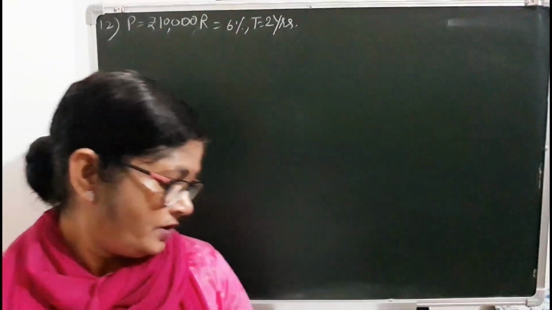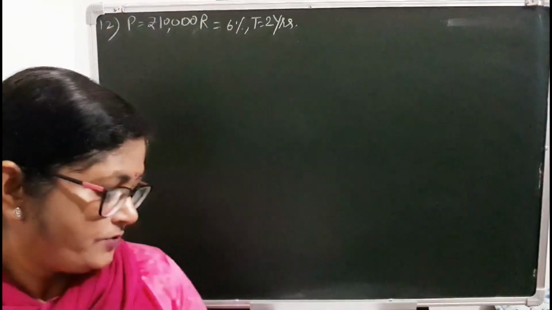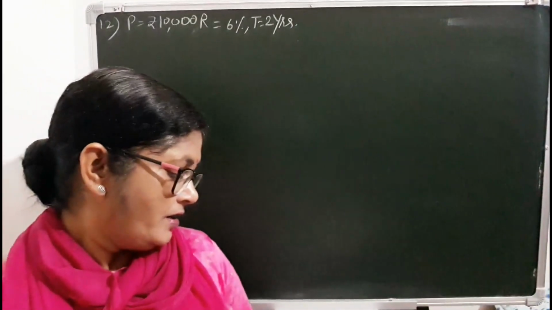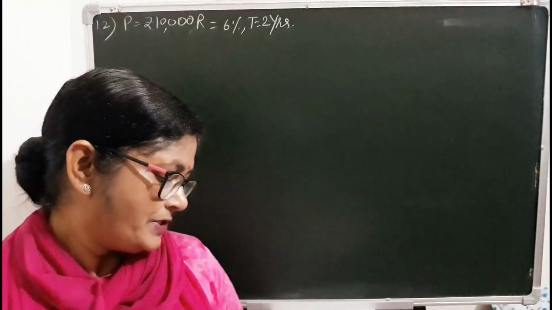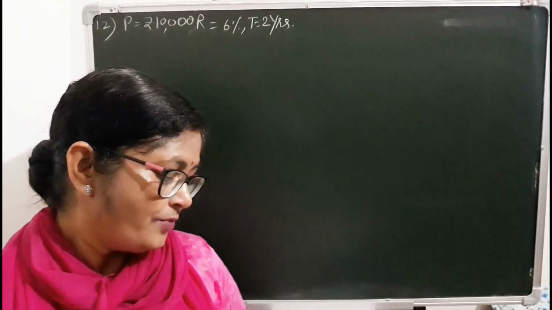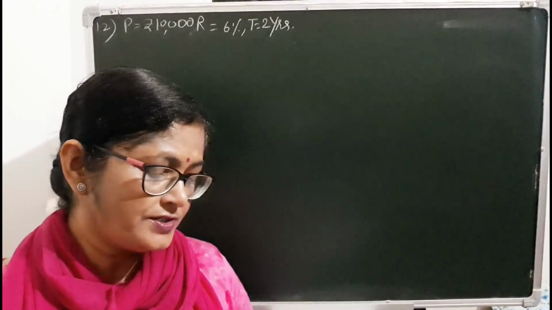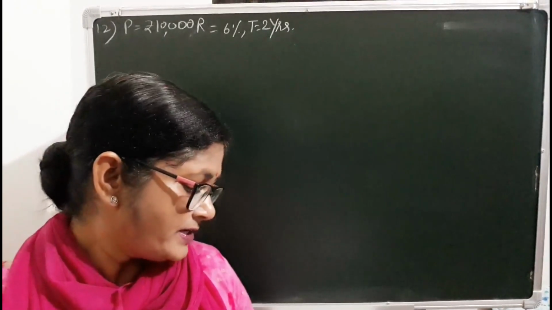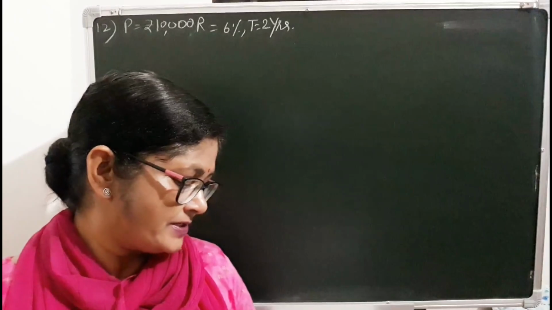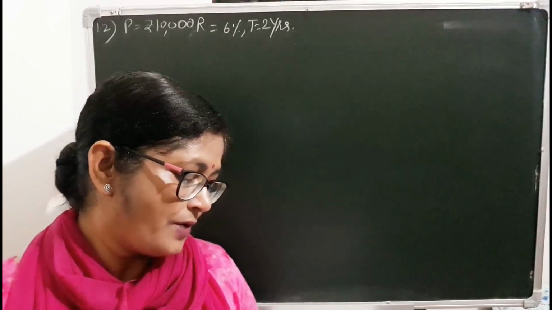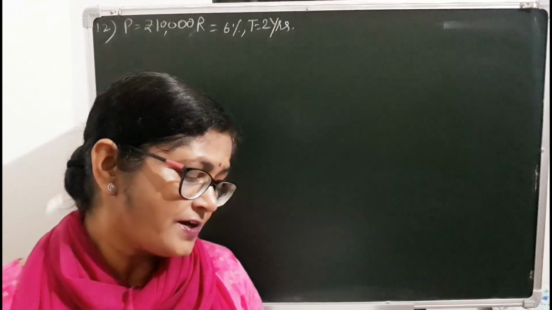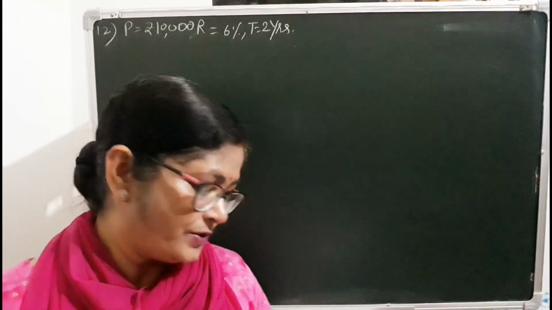See your book on page number 133, question number 12. Ram borrowed rupees 10,000 from his friend Mohan at 6% per annum simple interest for 2 years. Had he borrowed the same sum at 6% per annum compound interest, what excess amount would he have to pay to him?